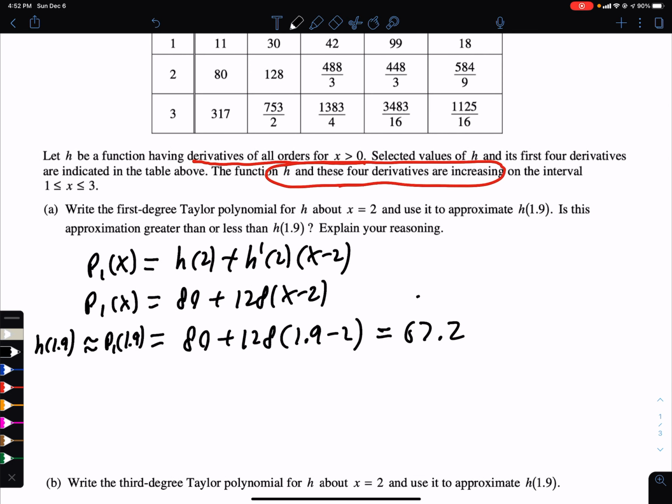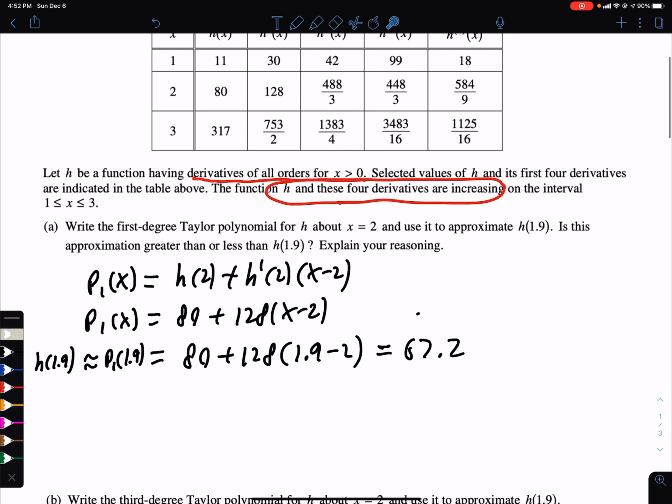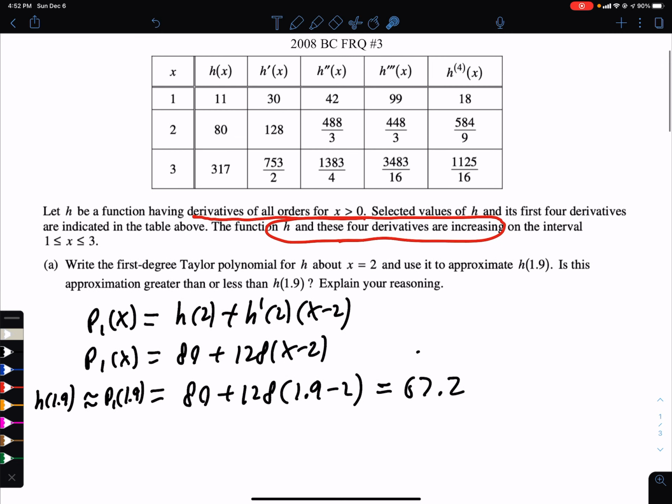Well, remember, a first degree Taylor polynomial is actually a tangent line approximation. Because it's a tangent line approximation, remember, concave up, tangent line is below, concave down, tangent line is above. Now if we look at the second derivative, it's positive.